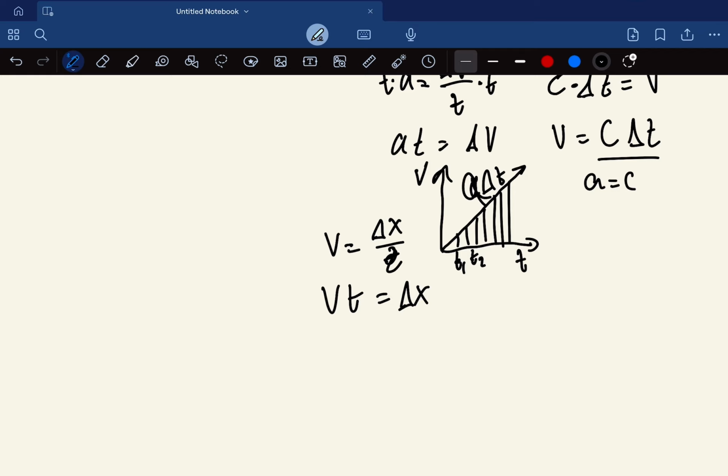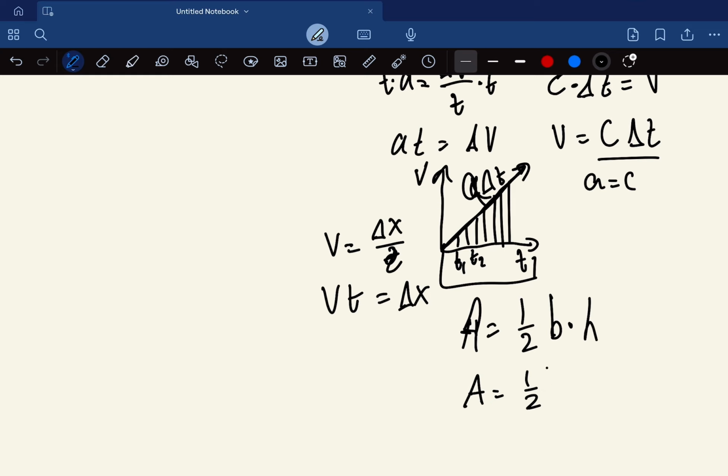So this line is a triangle, and the equation for the area of a triangle is A equals 1/2 base times height. Now the base of this triangle is delta t. So A equals 1/2 delta t.